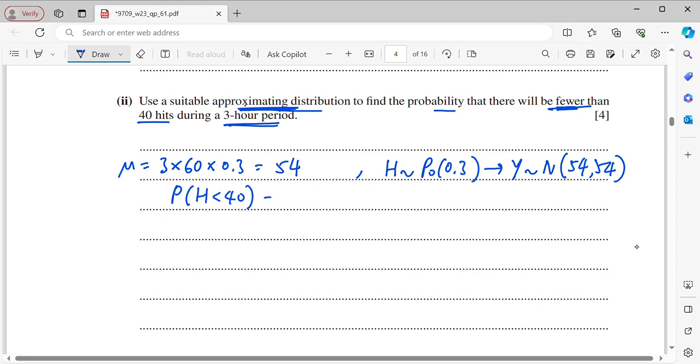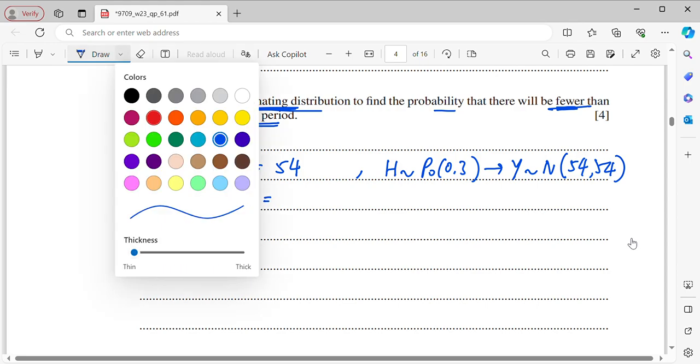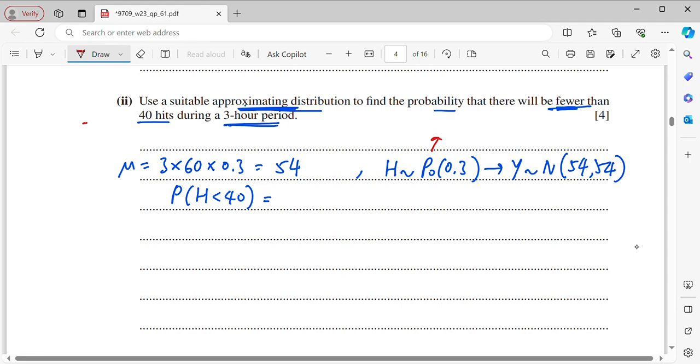Now when you look at this distribution, Poisson is a discrete distribution, then the normal is a continuous distribution, right? So from discrete to continuous, you need to consider the continuity correction.